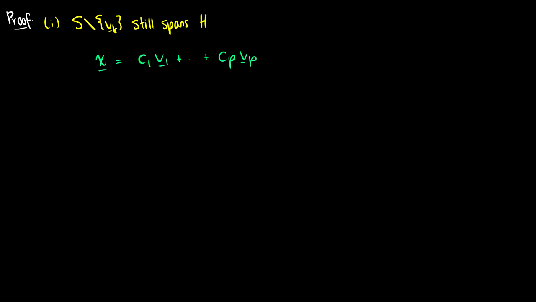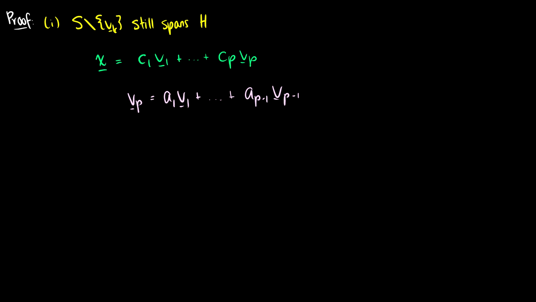For notation terms, we're going to make vk be the last vector in our set, so we're going to call it vp. So vp is going to be a linear combination of all the other vectors. So this will be a1 times v1 all the way up to a(p-1) times v(p-1). So vp is a linear combination of the rest.